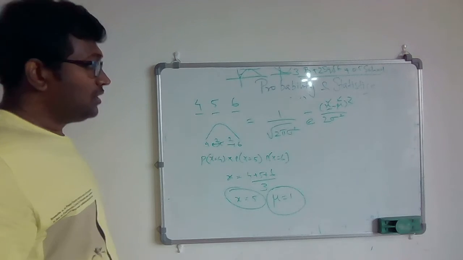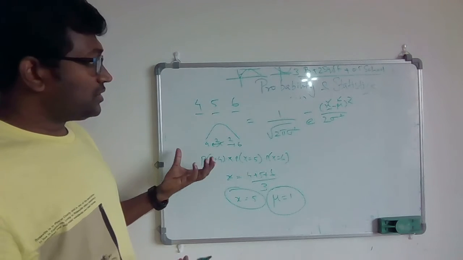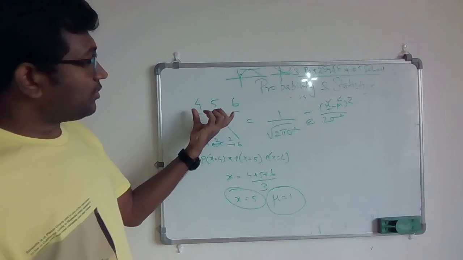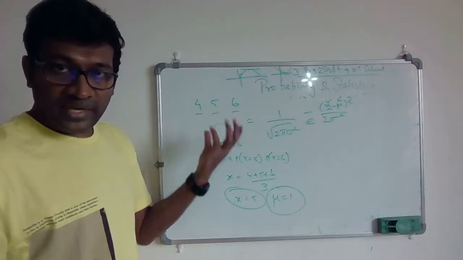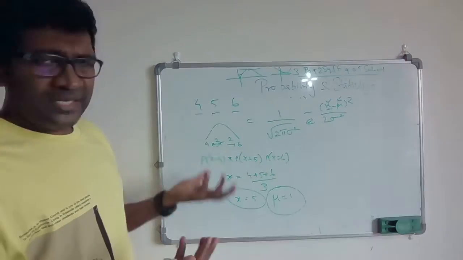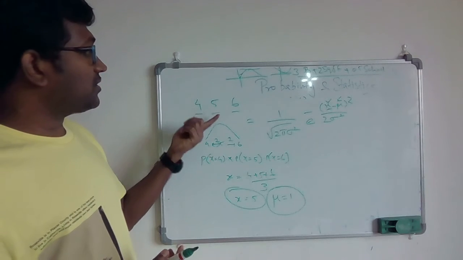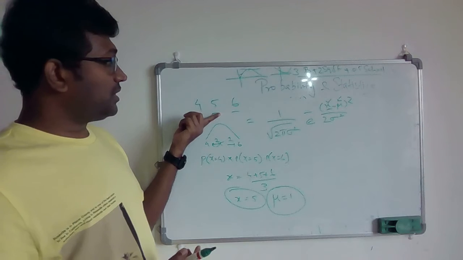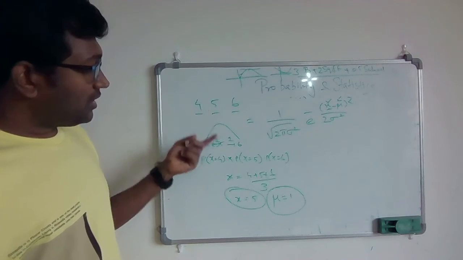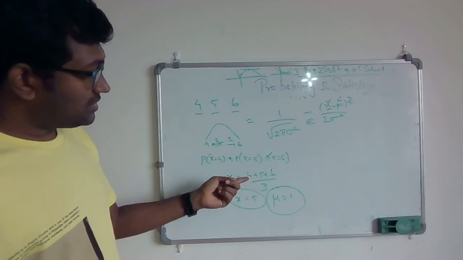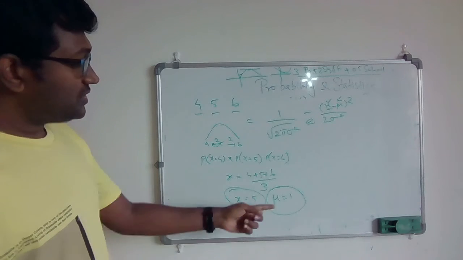If you want to guess the probability distribution of any three numbers, the mean is always a good estimate, right? That's the safest estimate. So if you say it comes from a distribution of mean 5, that's what this says actually. 4 plus 5 plus 6, mean is 5, and the standard deviation is 1.